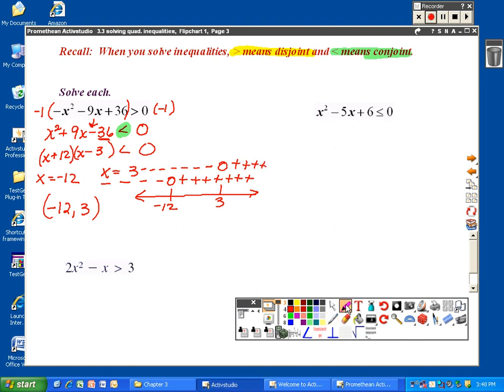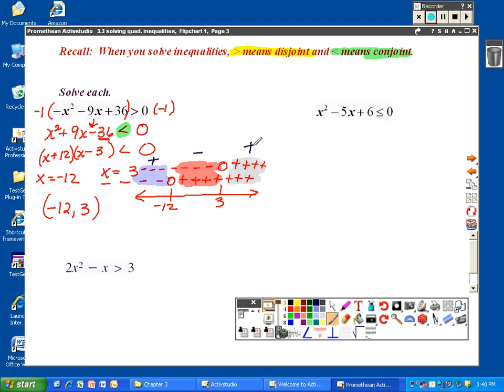So if we look at this, right here up to the 0, a negative times a negative gives me a positive. A positive times a negative gives me a negative. And a positive times a positive gives me positive.